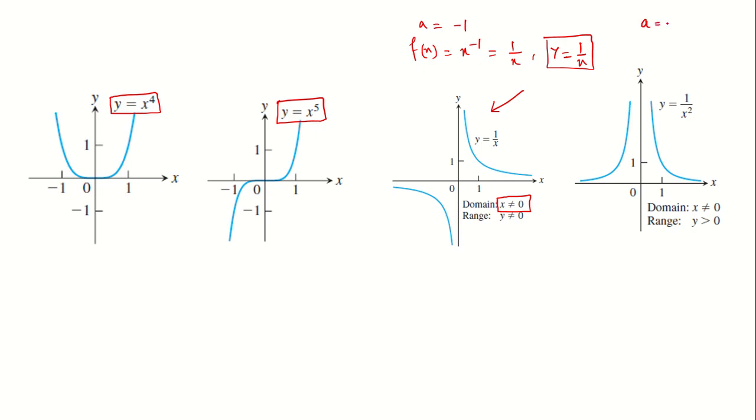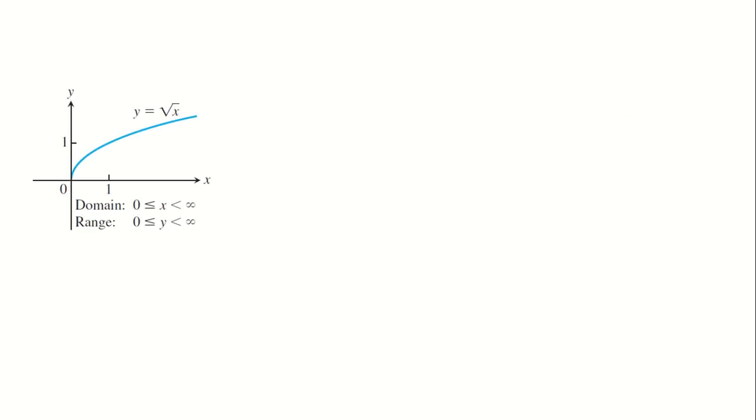Here, if we put a equals -2, then we have y equals 1 by x squared. And if we put a equals half, then we have f of x equals x to the power half.